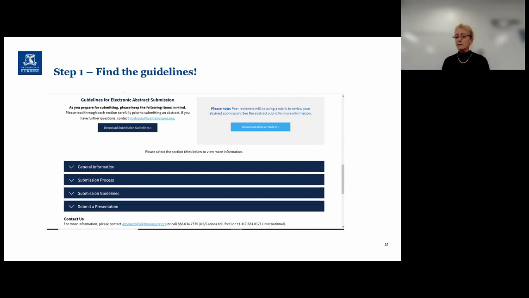The guidelines I'm showing on the screen at the moment are not for the RHAN conference. These were guidelines for a particular international conference that I was applying for a couple of years ago. I almost fell over backwards when I found these guidelines because I was doing this in a very jet-lagged state.